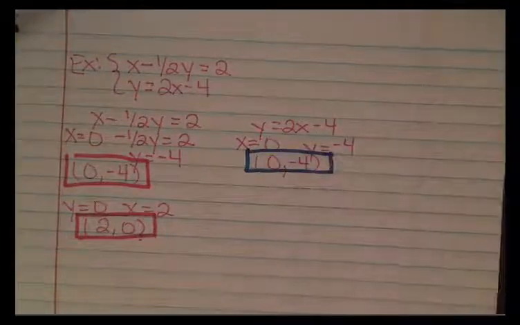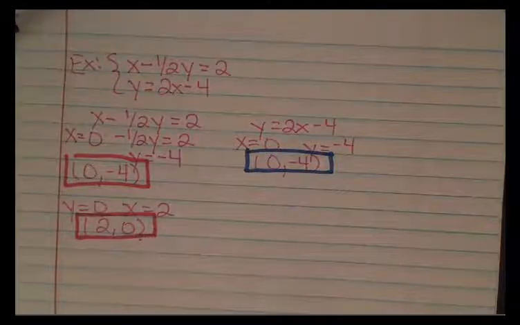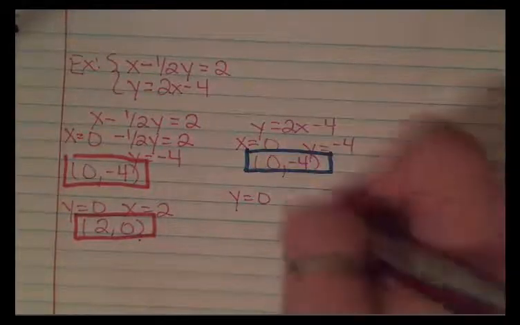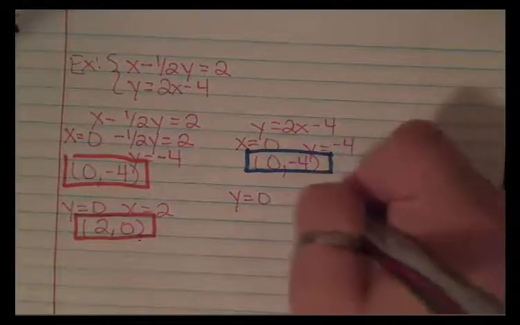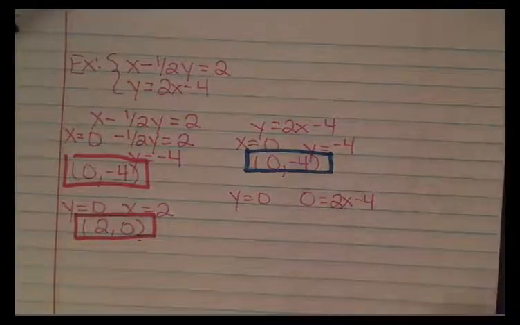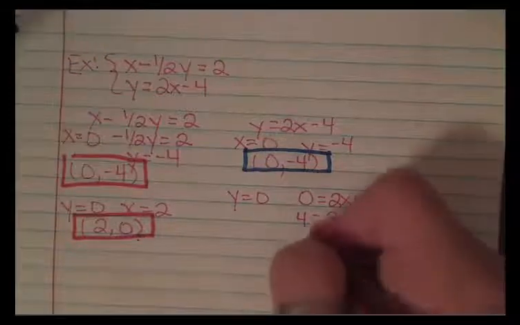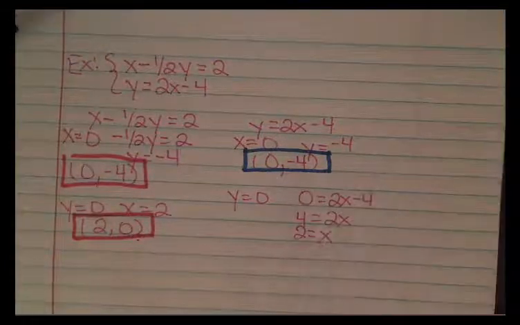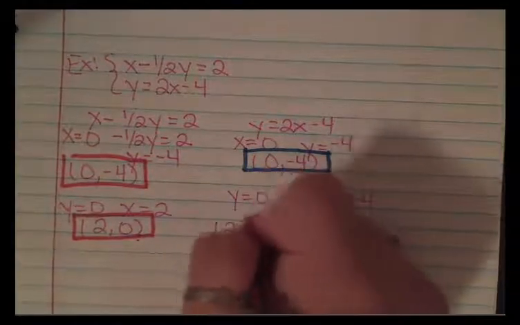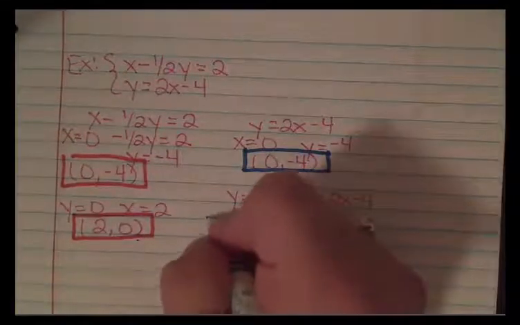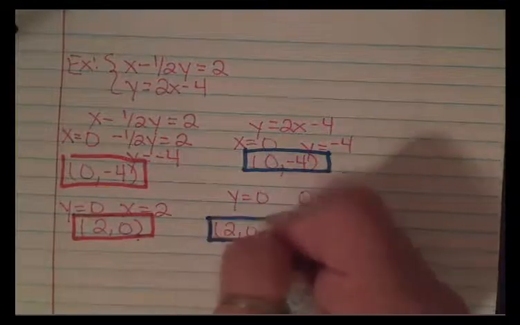And then if I let y equal 0, it's going to be 0 equals 2x minus 4. So I have to add my 4 over, divide by 2. So I get 2 for my x. So I get 2, comma 0. So if you are graphing with your x and y intercepts for your dependent graphs, you're going to get the same answer.